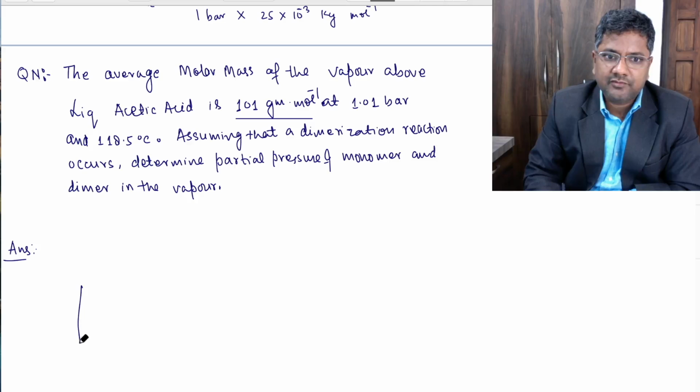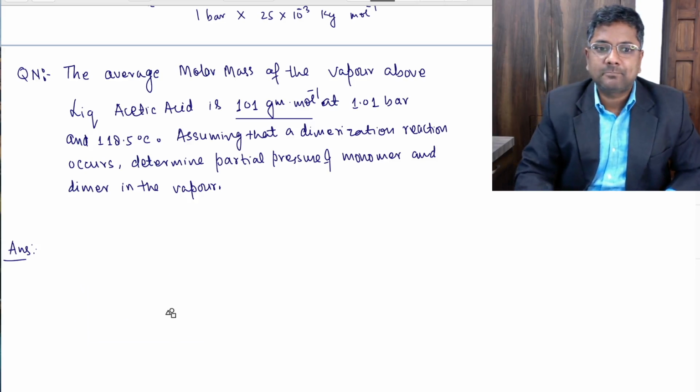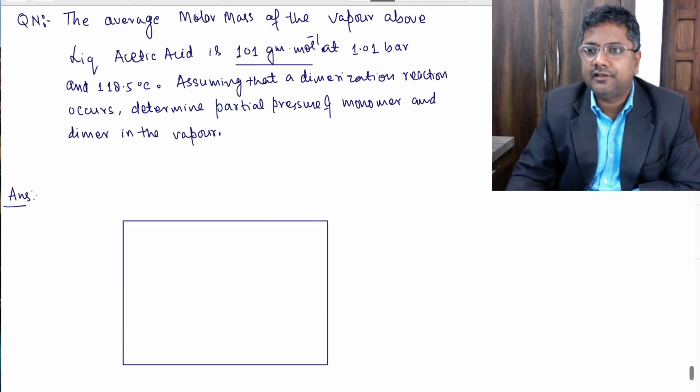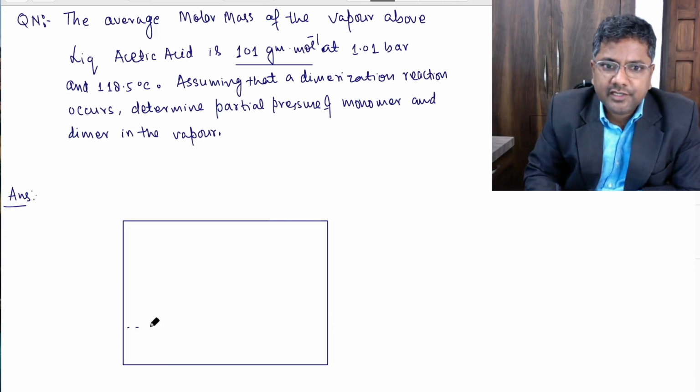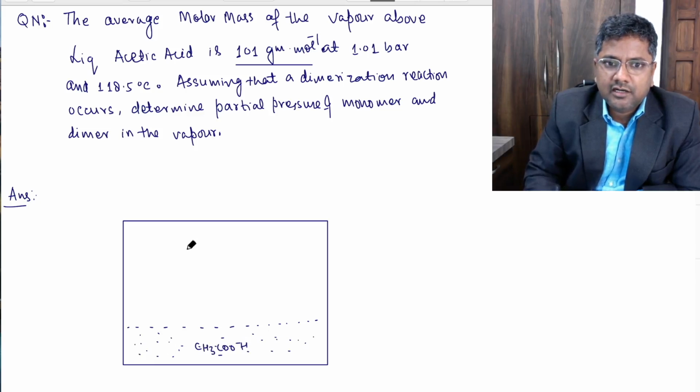See, first all of you should try to understand what is given in the question. Suppose this is a container in which liquid acetic acid is there, and all of you know this is CH3COOH. In the vapor phase, acetic acid molecules are in equilibrium with the liquid phase.